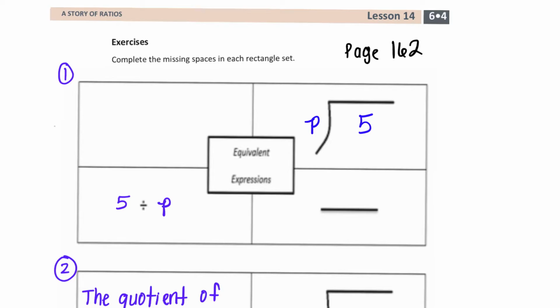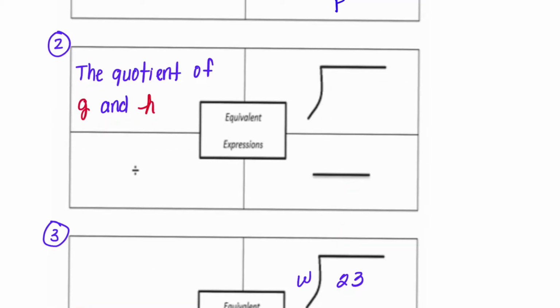Your numerator is going to be your dividend, and the denominator is going to be your divisor. Now let's put it in words. The quotient of 5 and p.